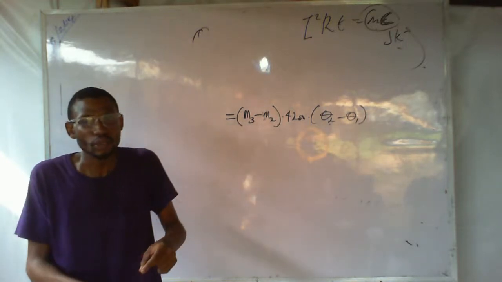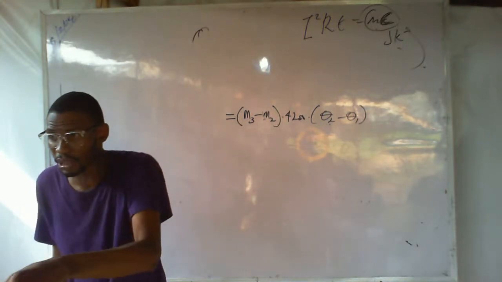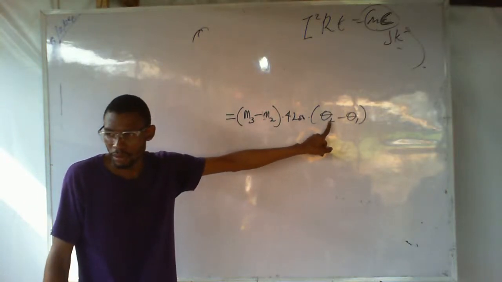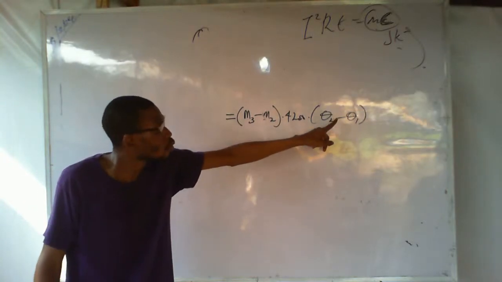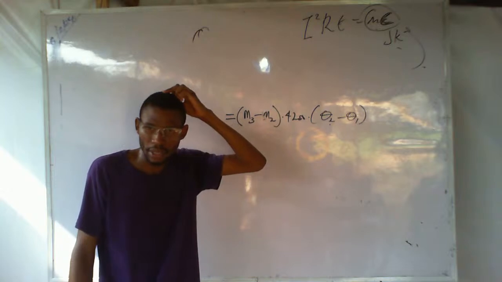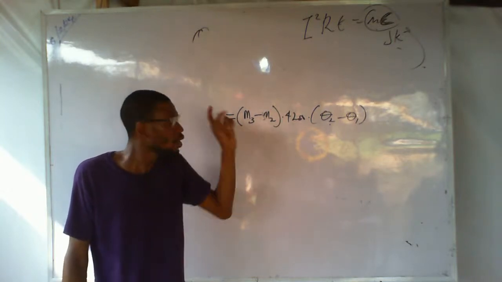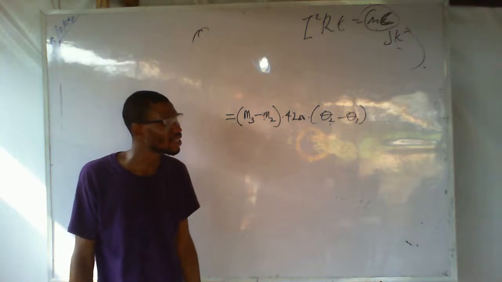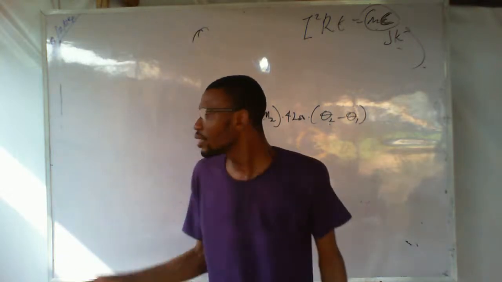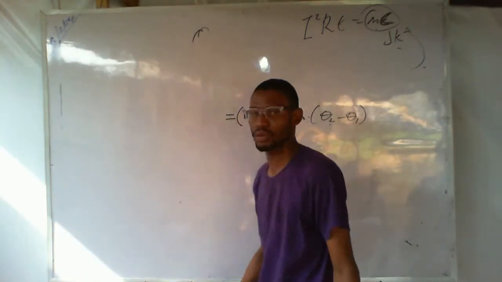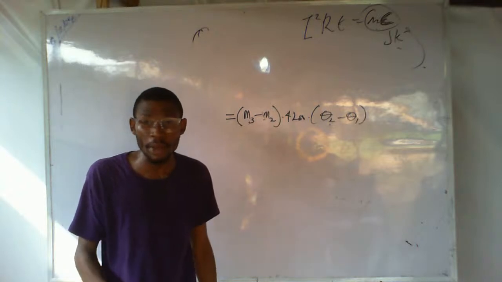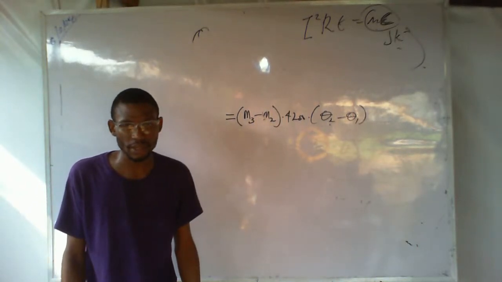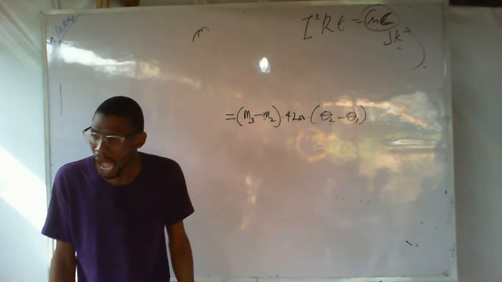All of you must know what you are doing. This expression is what? Heat gain by? If you remove M2 from M3, what do you get?